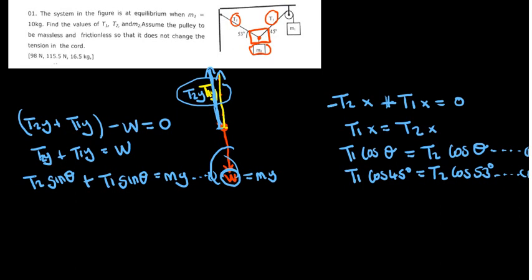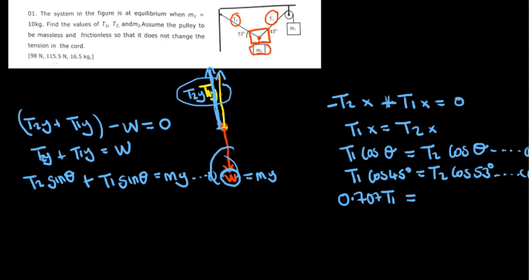So here we can just say 0.707 T1 equals, what about the other one, which is cos 53?